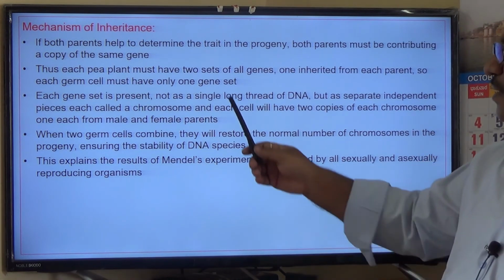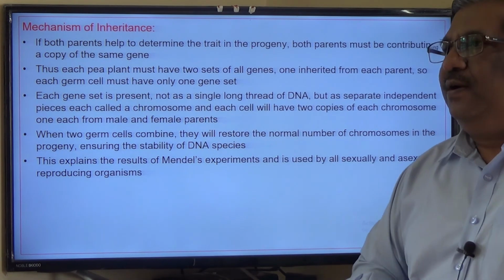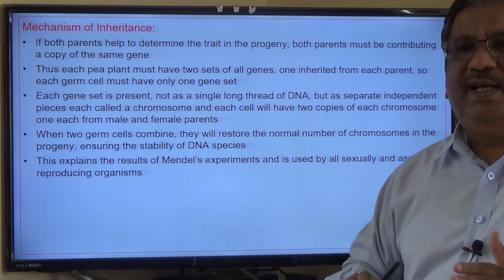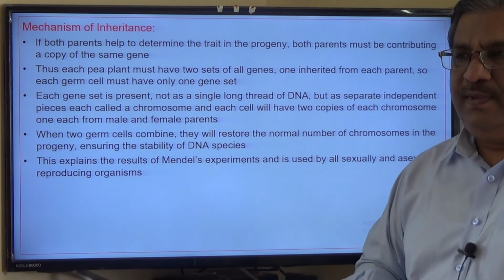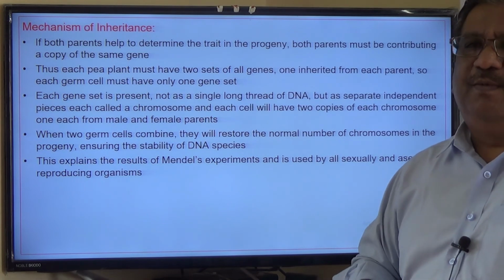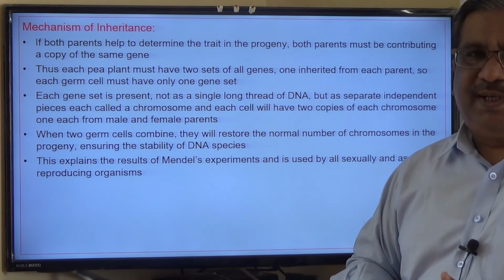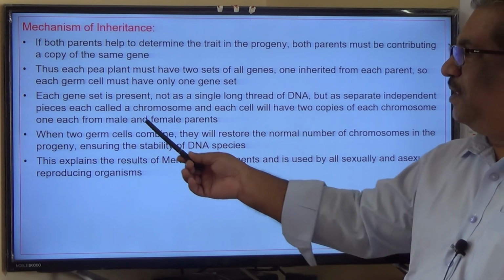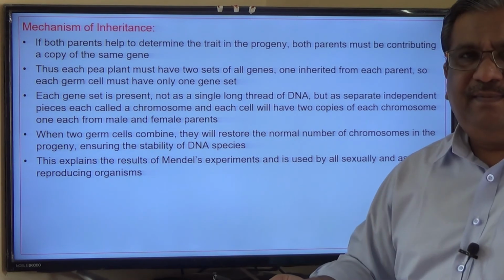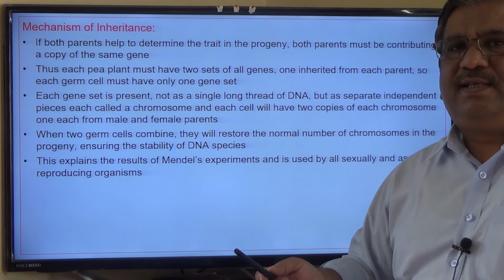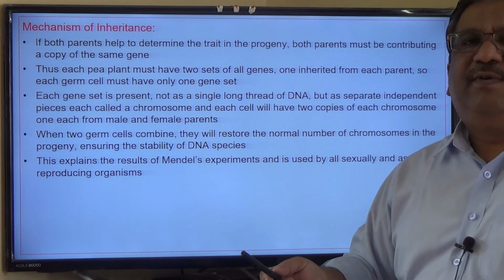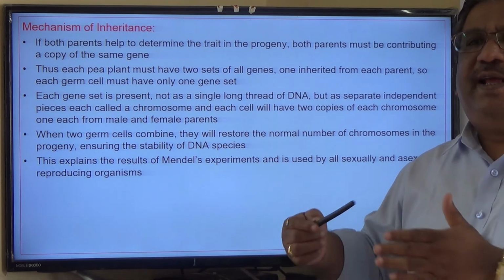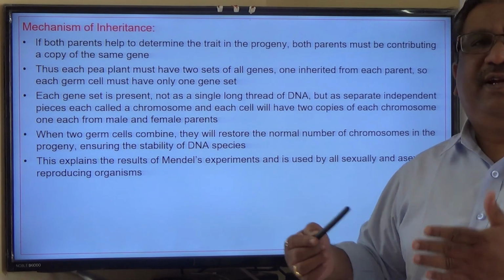Let us take the example of human beings. All the cells of human beings have 23 pairs of chromosomes. What is this 23 pairs of chromosomes? 46 in number. What about the sperm and egg? The sperm contains half the number of total chromosomes, in that case 23 chromosomes. And the egg also contains 23 chromosomes.